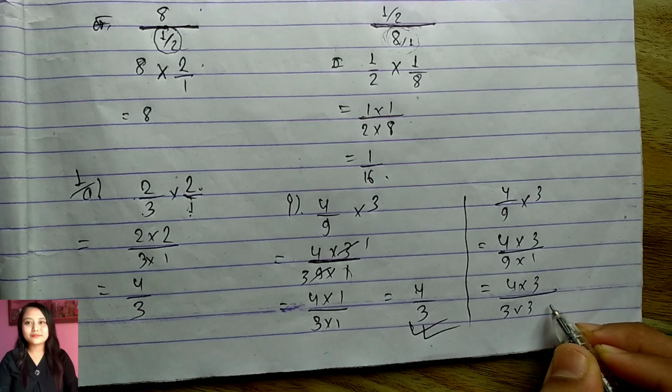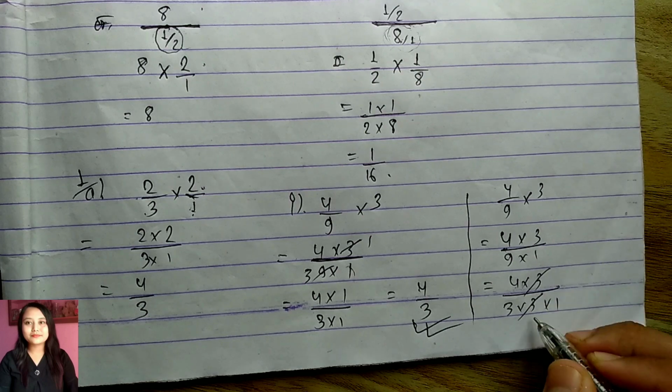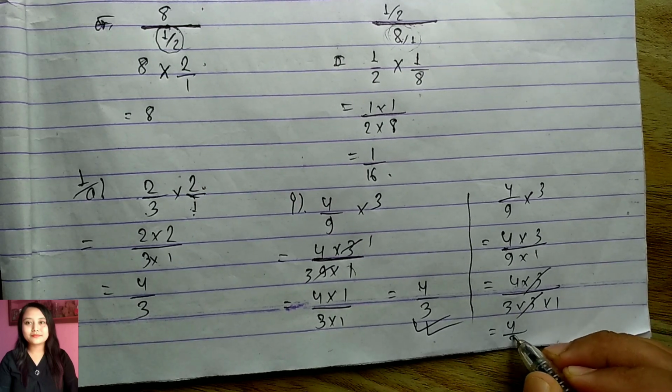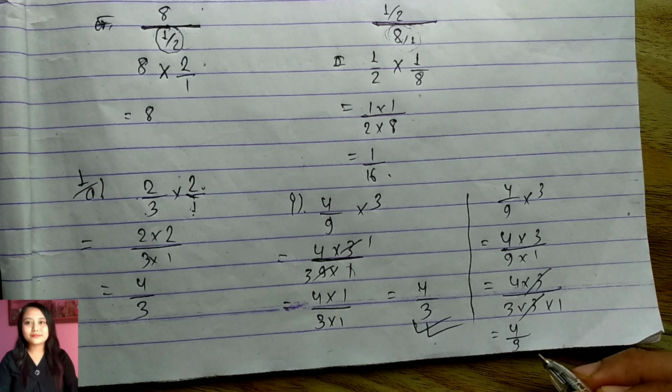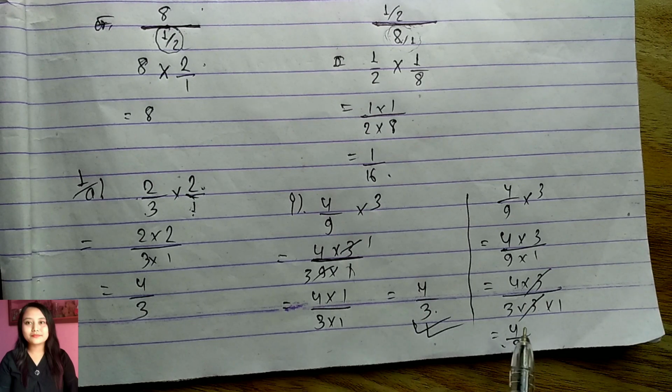So 3 into 3 into 1. Now we can directly cut this 3 and 3, and the remaining is 4, and 3 into 1 equals 3. So this is 4 by 3. You can get the answer from both parts, and whichever method you find easy, you can do it that way.